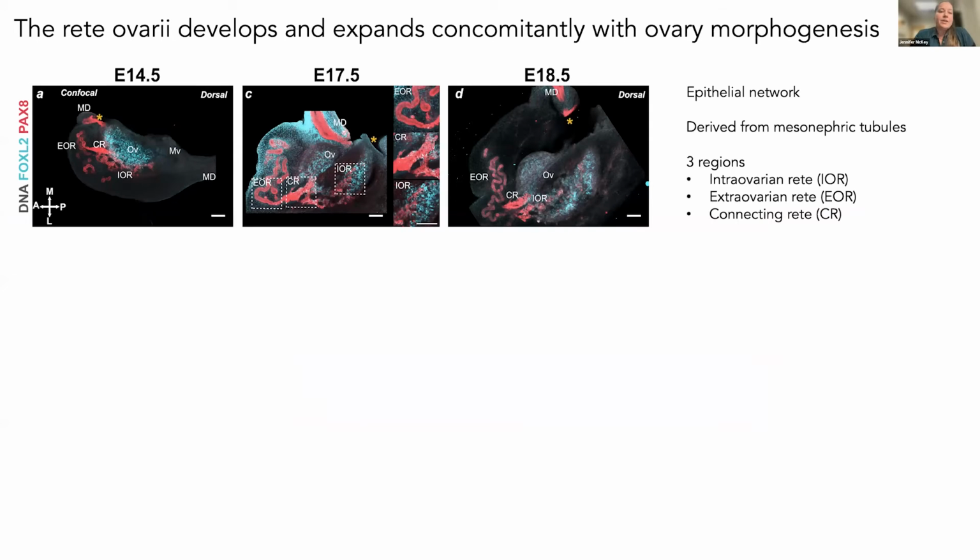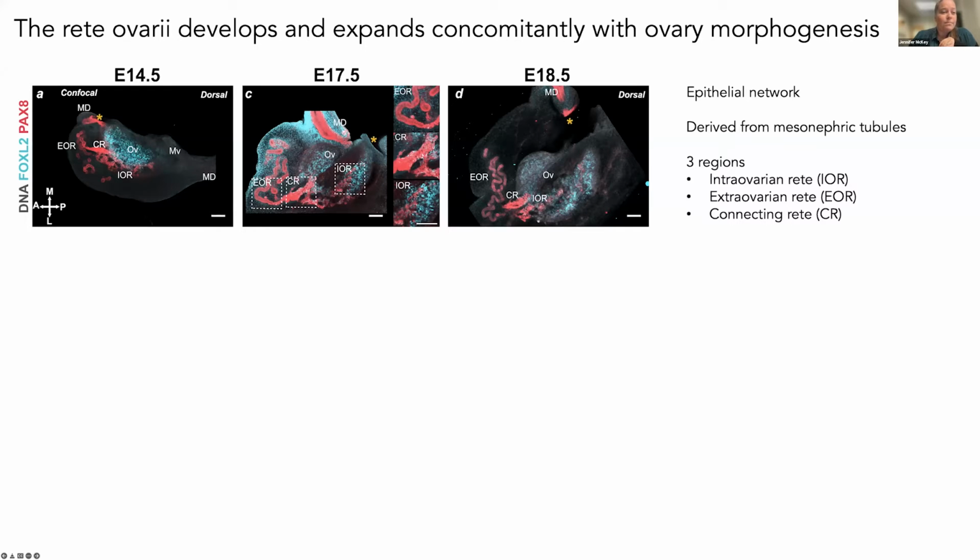So in our investigation of proximal tissues and their relation to ovary morphogenesis, we also investigated the rete ovarii, which is an epithelial network that is strongly associated with the ovary. And what is kind of crazy is that the rete ovarii has been described in really old literature as this quite significant structure that develops with the ovary, but it's been sort of forgotten in more recent textbooks.